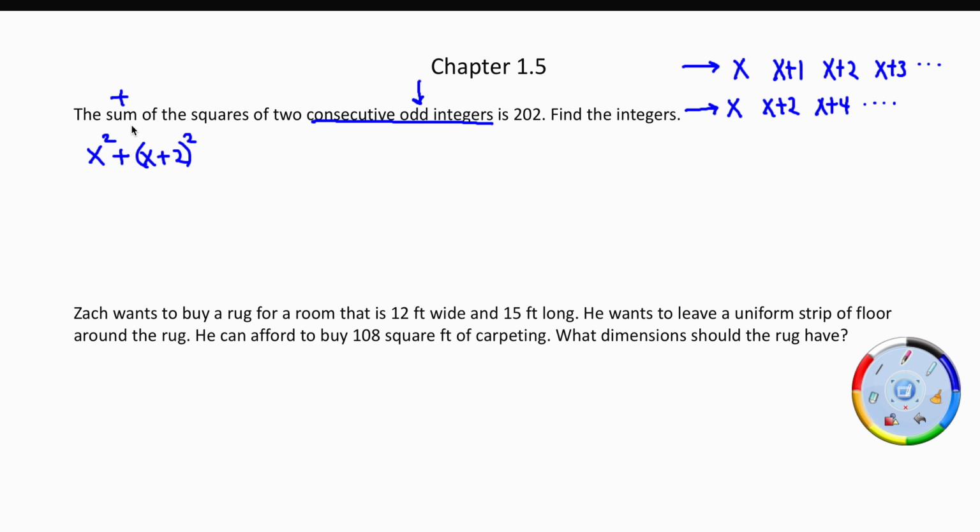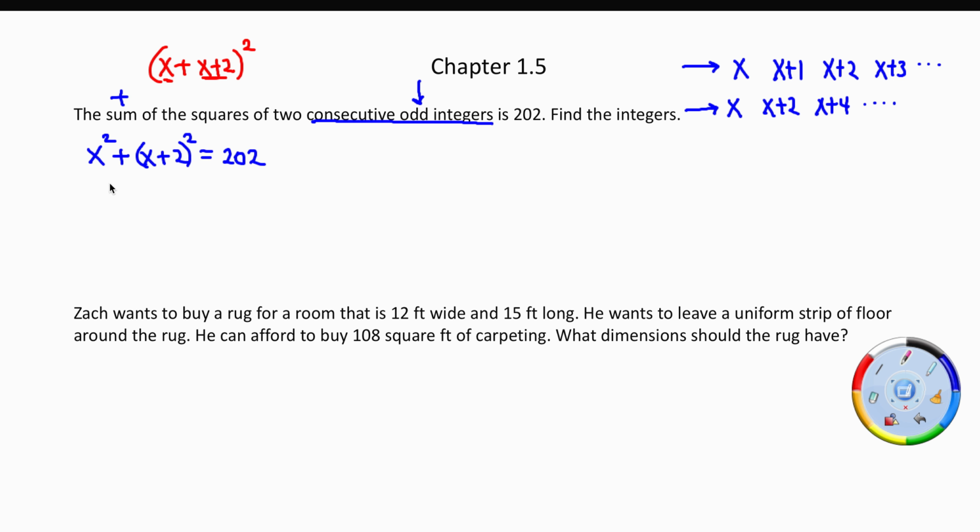The sum of the 2 squares is, of course, equal to 202. And there's my equation. Now be careful. Notice the difference in the wording. The square of the sums would look like this, which is a completely different thing. This is the square of the sums, but this is the sum of the squares.